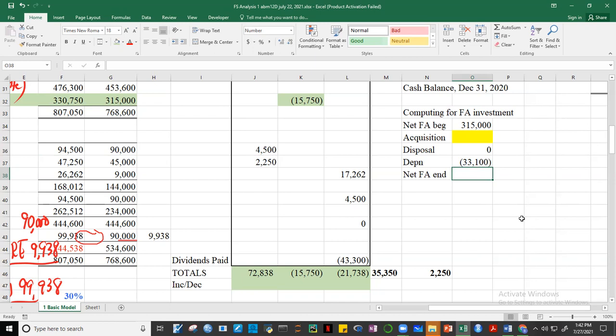So what will be my formula here? Anyone, guys? Okay, anyone? Let's see.